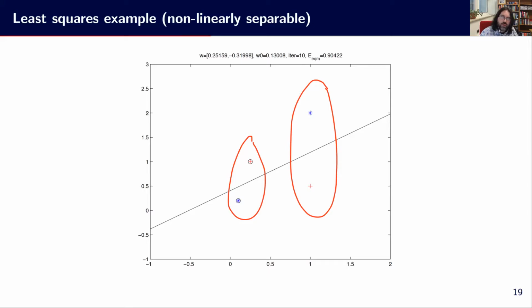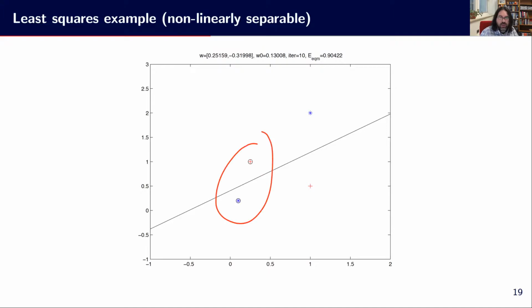So it's better here to get them well classified in terms of least square error. And the 2 on the left, which are closer, have a lower impact on the least square error value. So this gets us to such a stable configuration for least square, even though in terms of classification, it is far from ideal.